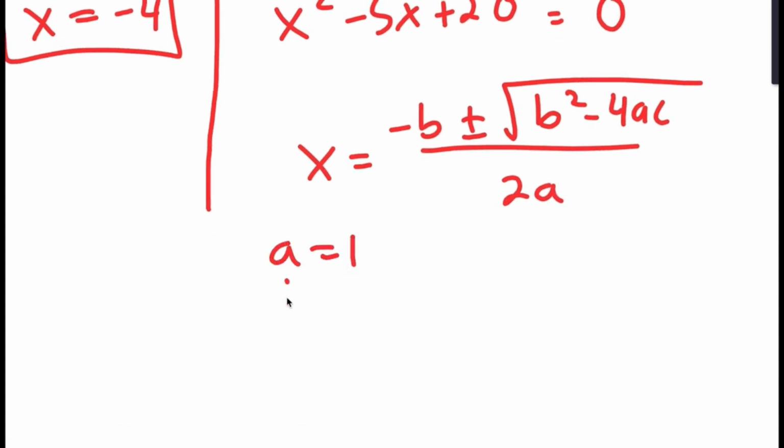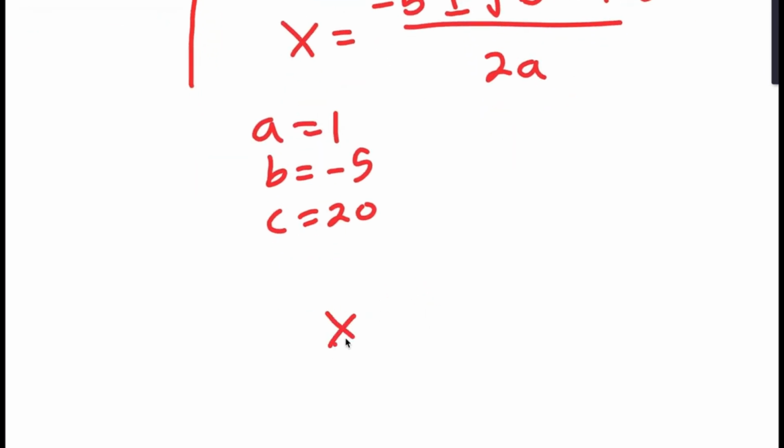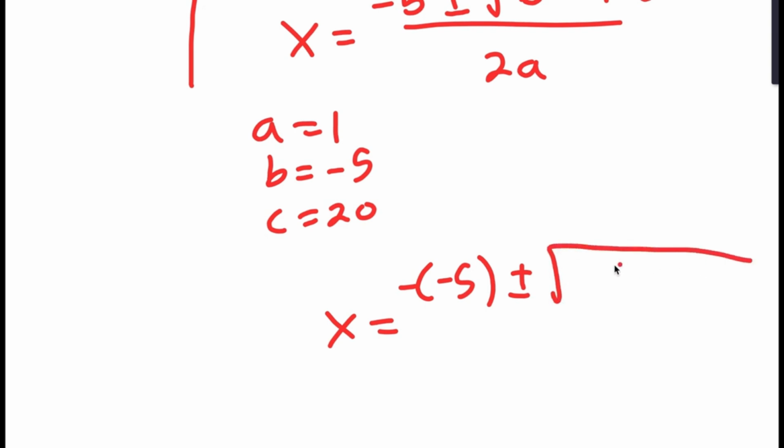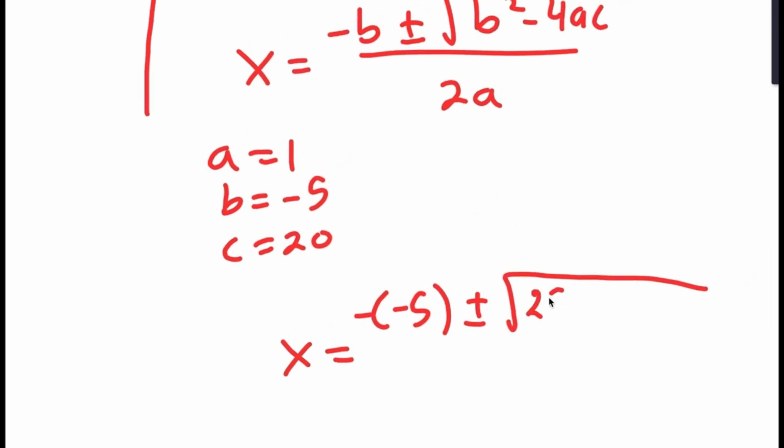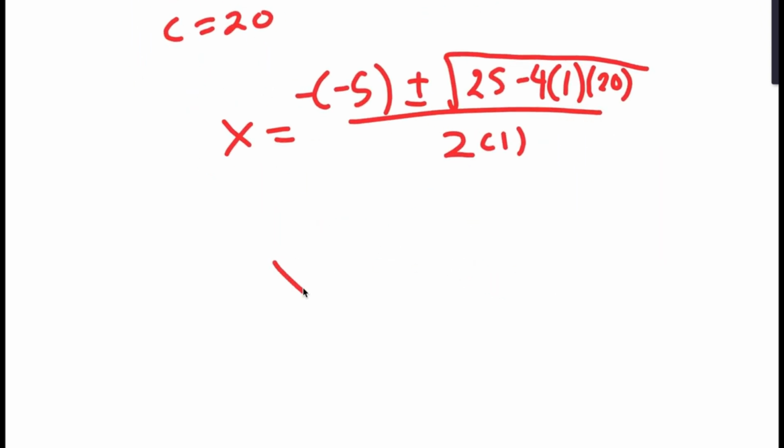So in this case, a is 1, b is negative 5, and c is 20. So I get x is equal to negative of negative 5 plus or minus the square root of negative 5 squared, which is 25, minus 4 times a, which is 1, times c, which is 20, all over 2a, so 2 times 1.